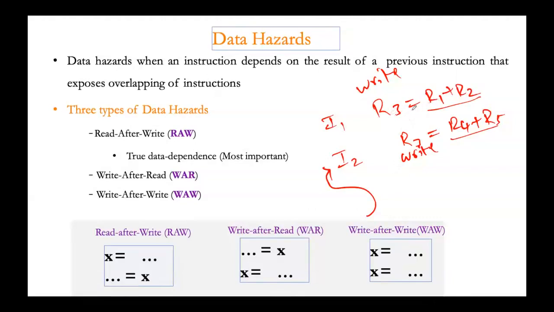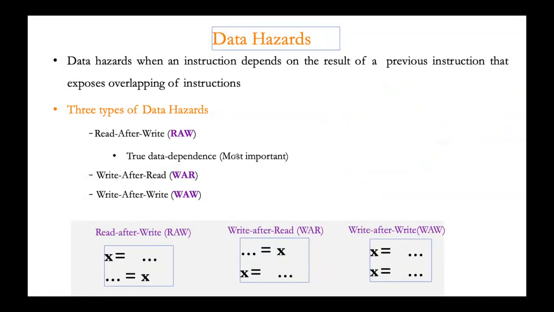Sometimes the operands R1 and R2 depend on some other instruction, in that case this instruction may stop for a period of time and the other instruction may execute. In that case, the value of R3 will be overwritten by the wrong instruction. So that is another dependency, which we call write hazards, data hazards.